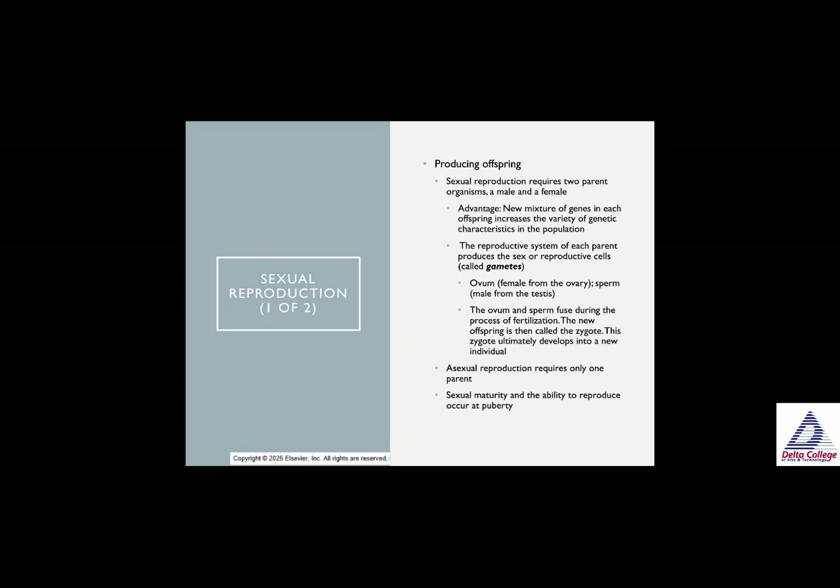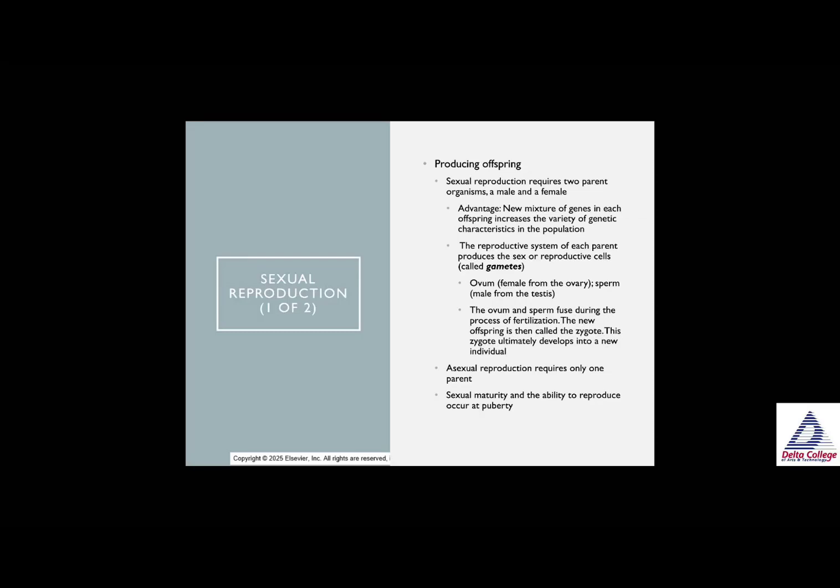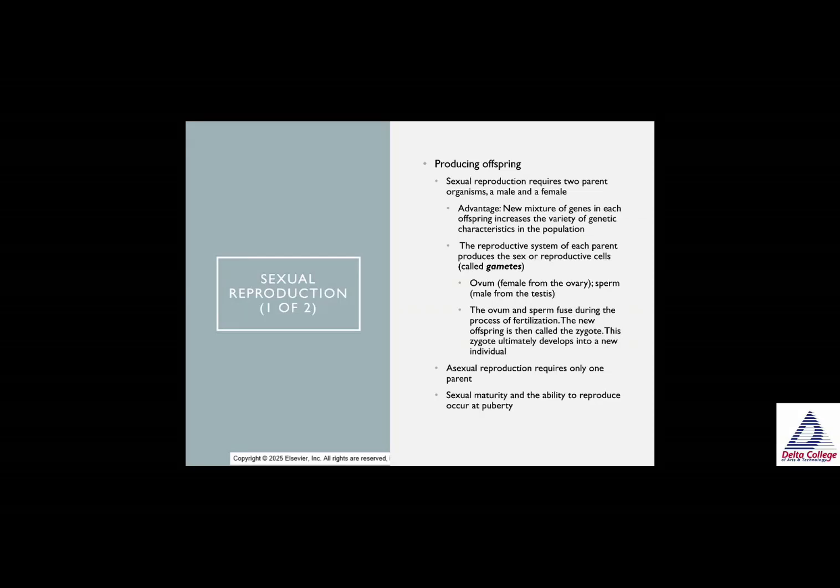So, sexual reproduction, producing offspring. Sexual reproduction requires two parent organisms, a male and a female. The advantage is a new mixture of genes in each genetic offspring increases the variety of genetic characteristics in the population. The reproductive system of each parent produces the sex or reproductive cells called gametes.